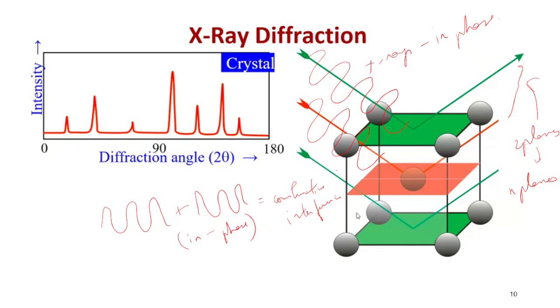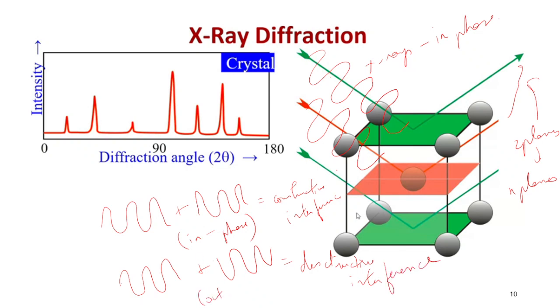In case the waves are out of phase, we get something known as destructive interference. Here it is out of phase. In destructive interference, we get no peak at all.